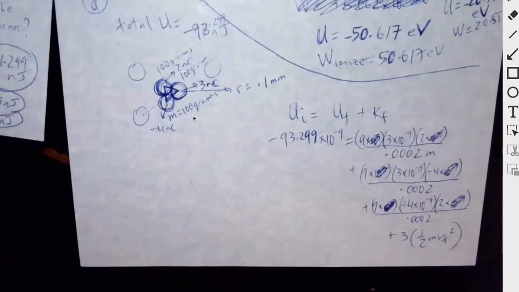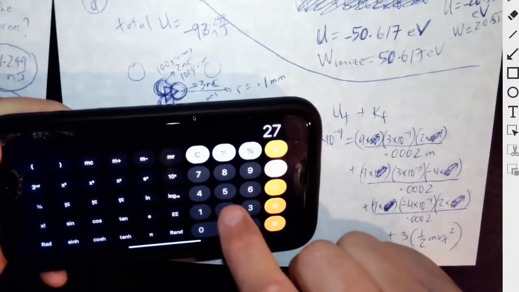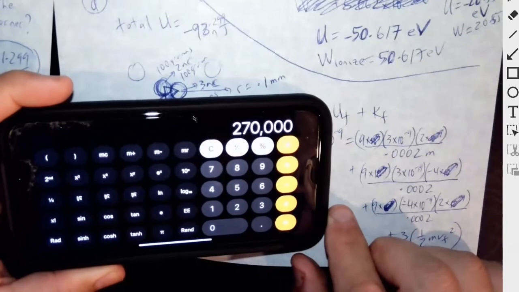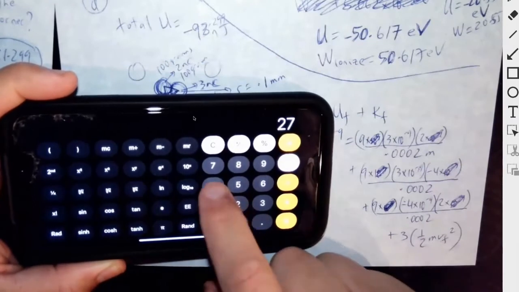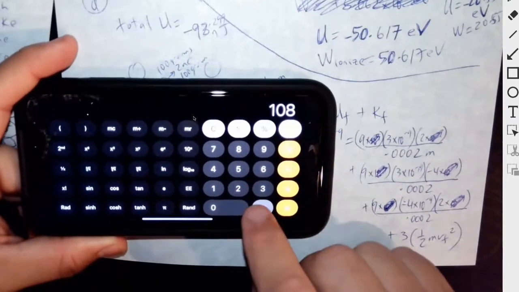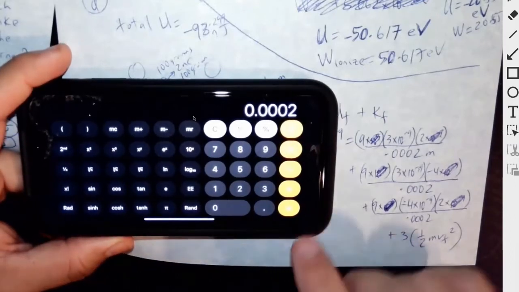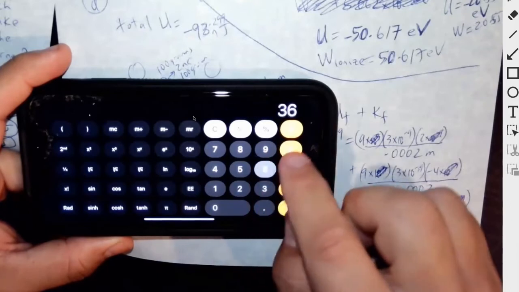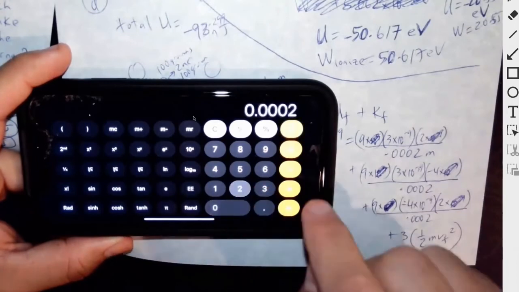Okay, so let's calculate that. 27 times 2 divided by 0.0002, minus 27 times 4 divided by 0.0002, minus 36 times 2 divided by 0.0002.